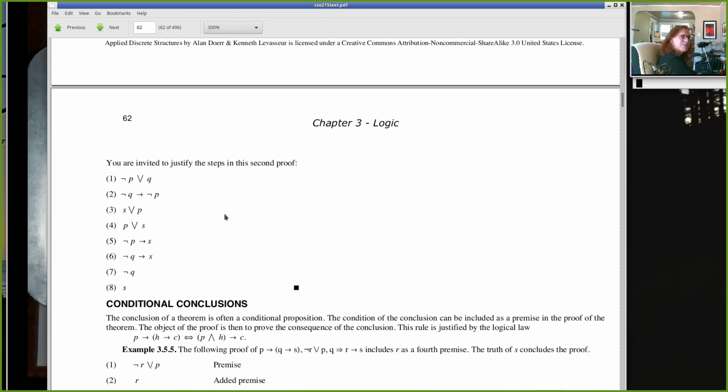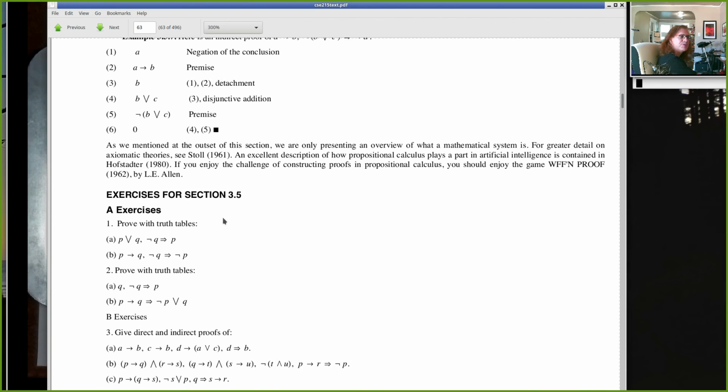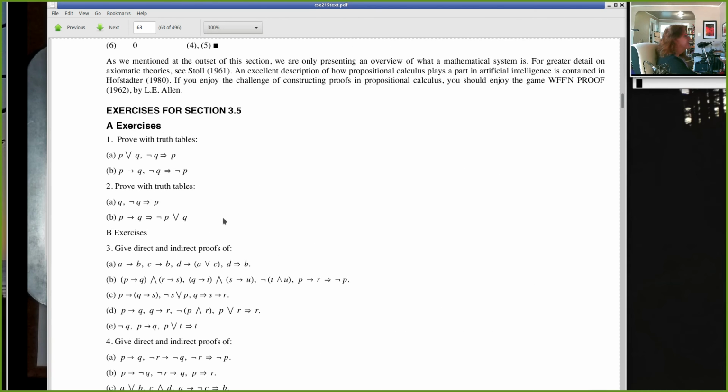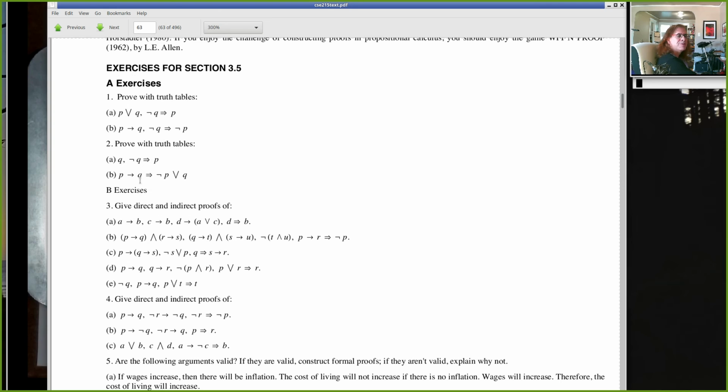All right, 3.5, we're digging into actual proofs. So 3.5, question 2 says prove with truth tables. Here again, we have things on the left of this double arrow, and they're separated by a comma. The comma is taken to be a logical and. This is written out in Canvas.